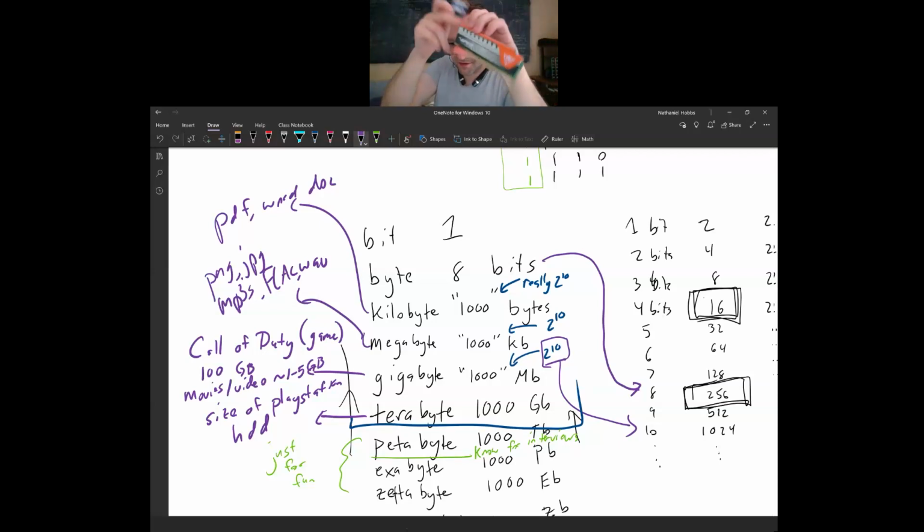But even then, RAM is much faster. Now, one gigantic difference is that RAM needs power. It needs a power source in order to hold anything.